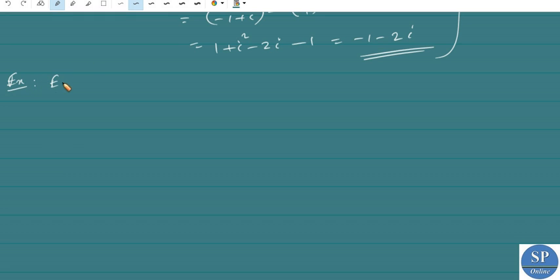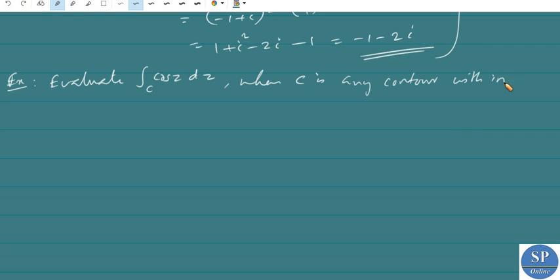Evaluate the integral over C of cos z dz, where C is any contour with initial point z equal to 0 and terminal point z equal to 2 plus i.